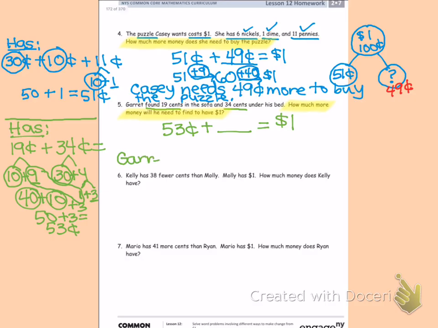Garrett will need to find blank to have $1.